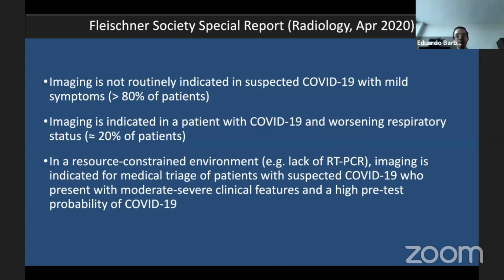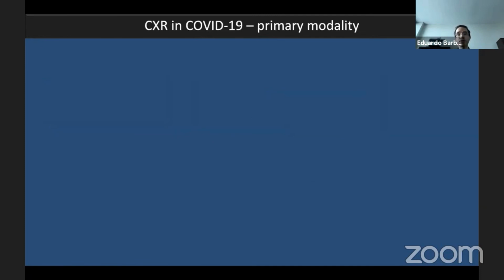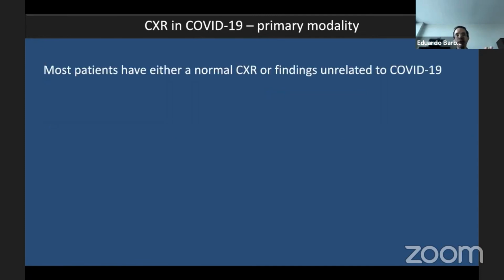And a high incidence of COVID-19 is essentially a global problem nowadays. Many countries have a very high incidence presently. So chest radiograph in COVID-19 should really be the primary modality. And most patients, as I said, have either a normal chest radiograph or they have findings that are unrelated to COVID-19. And we also know that most symptomatic patients will have pneumonia at some point.